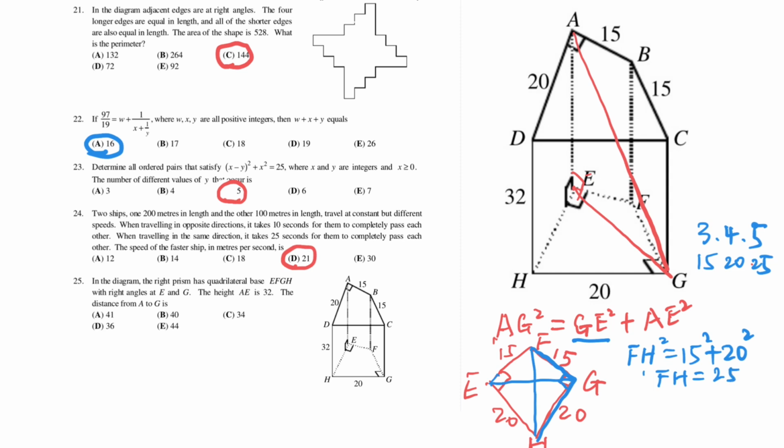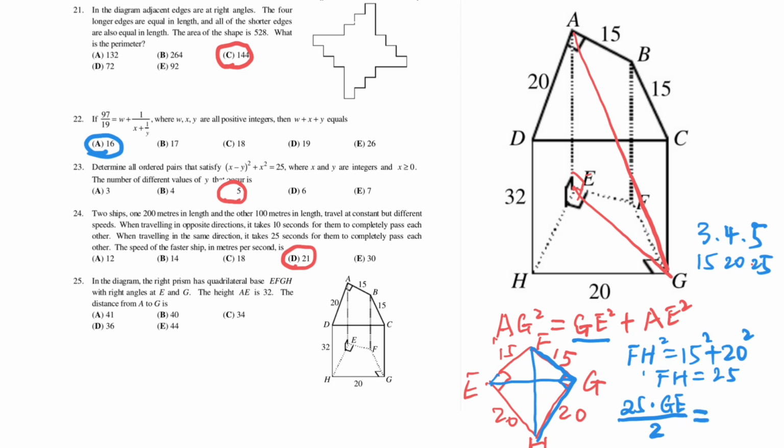How do we find GE? Kite area equals diagonal 1 times diagonal 2 divided by 2. Diagonal 1, HF, is 25, times GE, divided by 2. That's the kite area.